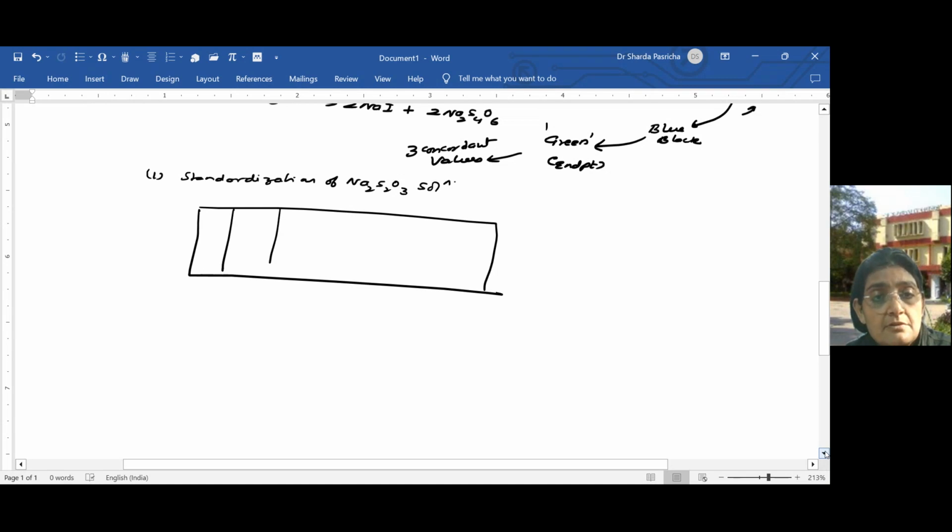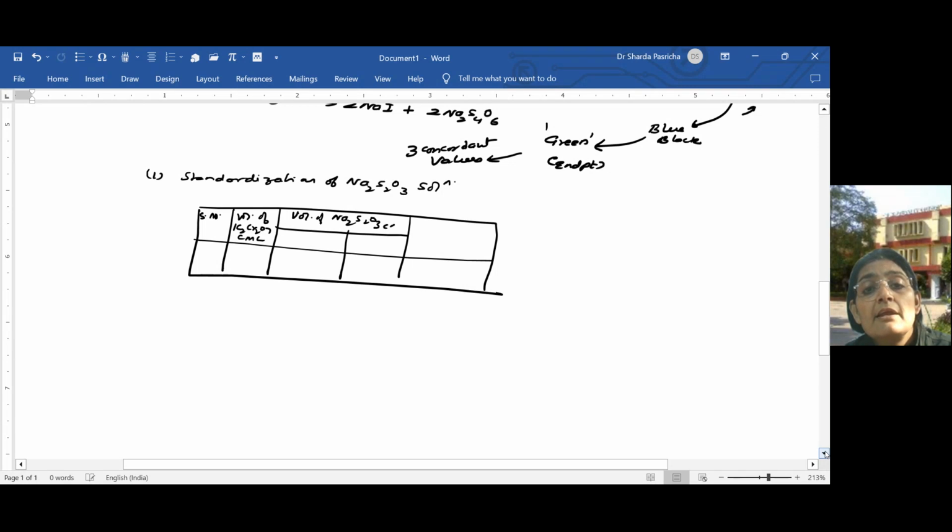Columns: serial number, volume of potassium dichromate which is pipetted out in ml, volume of sodium thiosulfate again in ml, where this will be the initial reading and this will be the final reading, and then total volume of sodium thiosulfate used in ml.